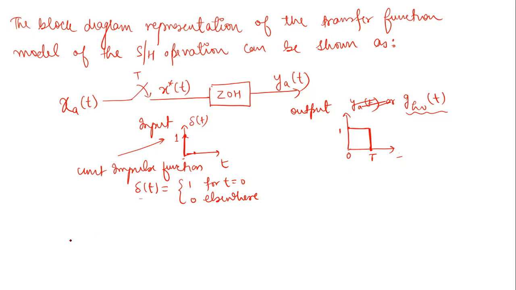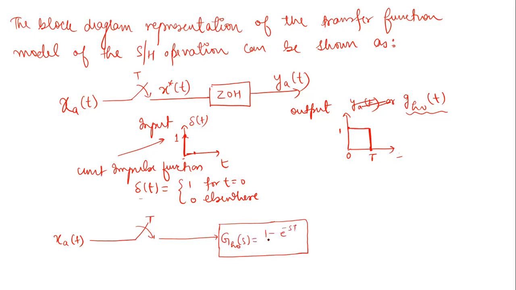Which in turn becomes the analog output. So we can also represent this as XAT being the input. Then we have the sampled signal, sampled with the rate T, and then the transfer function of zero order hold, which is 1 minus e to the power minus ST divided by S, and then we have YAT.